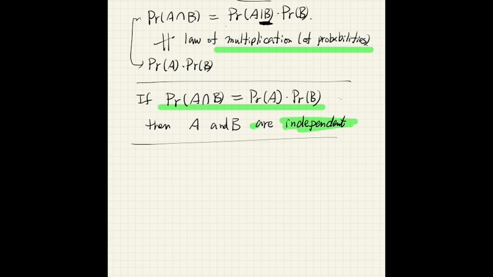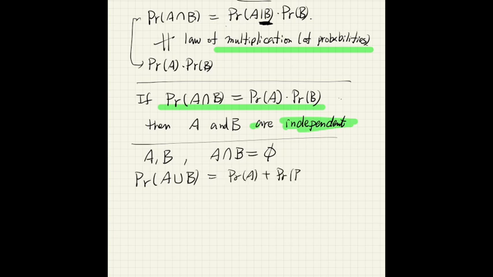So if there are two events, and if they are disjoint, then the probability of A union B is equal to the probability of A plus the probability of B. So if this disjointness holds, then we can add the two probabilities to have the probability of the union.